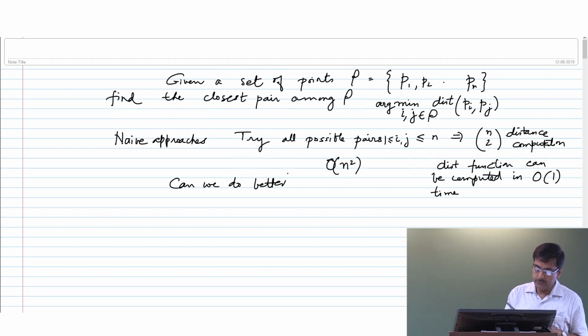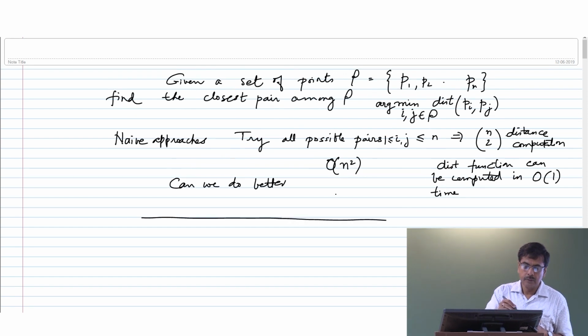Let's first look at a simple one-dimensional case. Suppose all the points were in one dimension. So here is the line, and all points appear on the line. Let's say these are in sorted order.